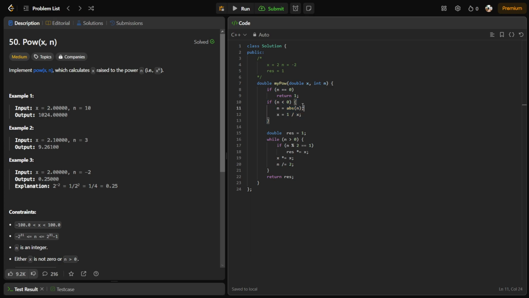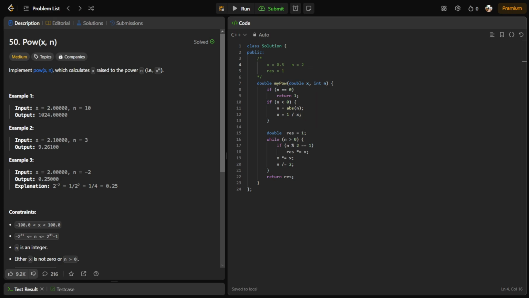So here we try again. N in this case is lesser than 0, right? So n will equal the absolute value of n, which is 2. So now both x and n are 2. However, x will be 1 divided by x. So in this case, 1 divided by x is 0.5.